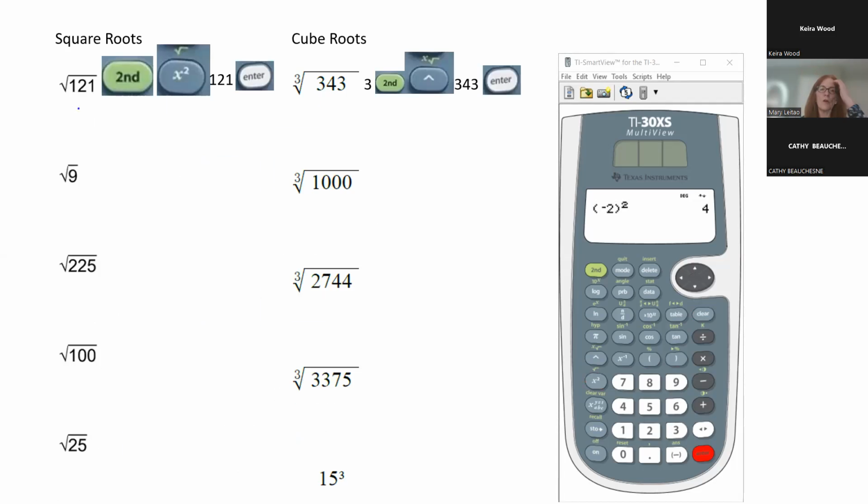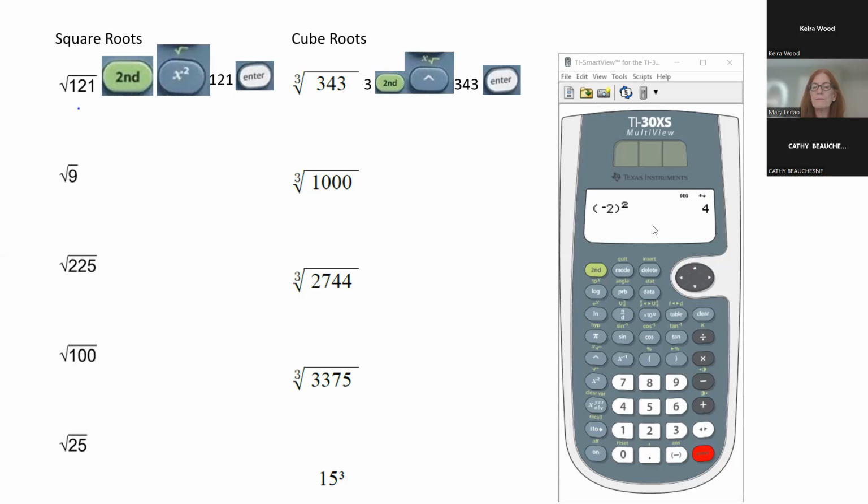Okay, so these are square roots and cube roots. The square root symbol is on this side above the x squared. It's the opposite of it. Because it's in green, we have to use the second key before we hit that key.